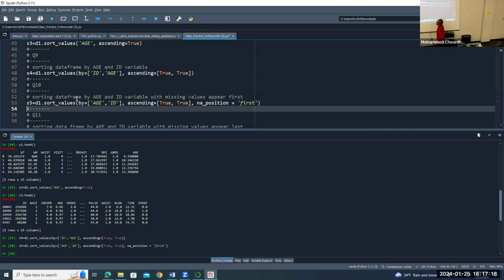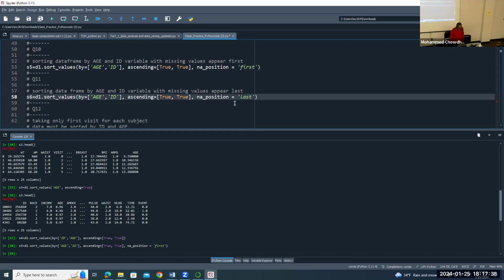That could also happen. So now you have seen how to sort the data where missing values will appear in the first rows, and then missing values could also appear in the last. That could be done by just running line number 58.